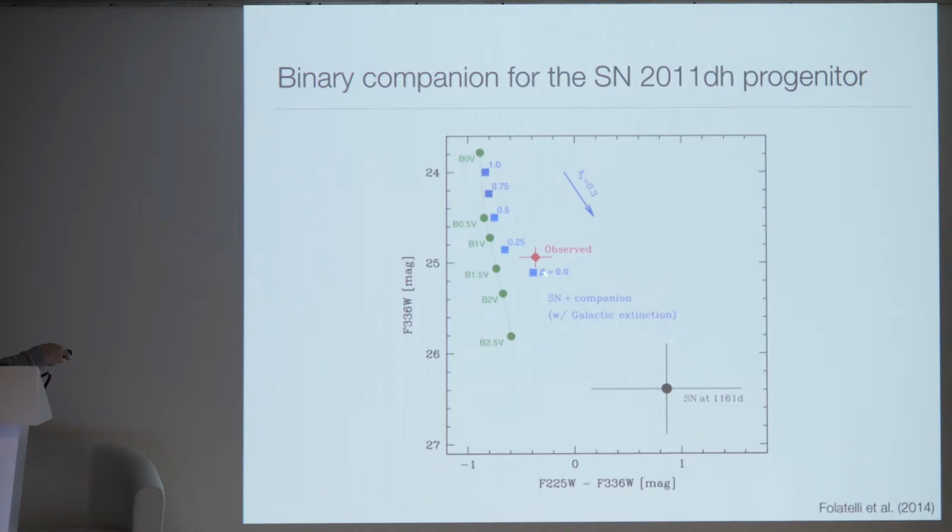There is some uncertain parameter in the binary evolution, which I am not going to go into in detail, but these positions can be predicted, and some models with some parameters are really predicting the companion star to be there, so this was a really wonderful match between theory and what's observed.